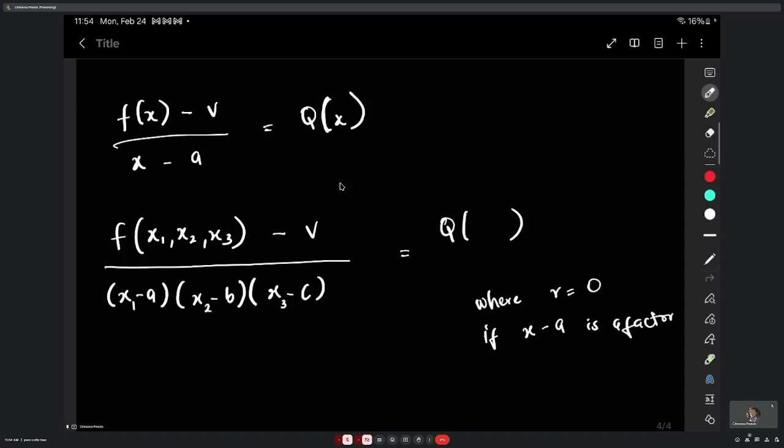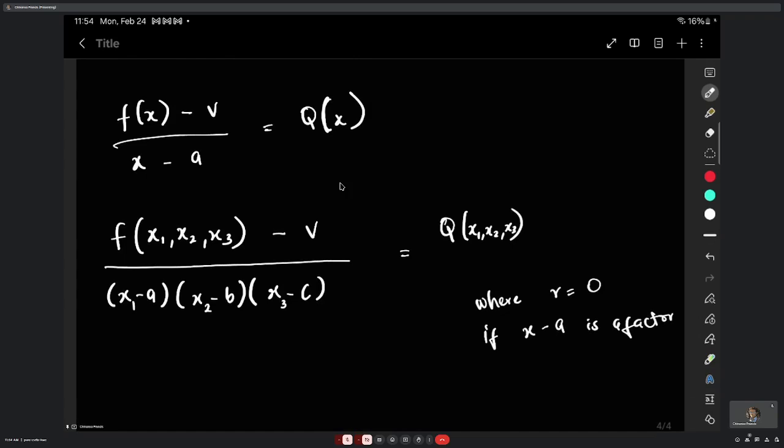It will now be q of x1, x2, x3. Yes, that is it. We're evaluating v at x1, x2, x3.